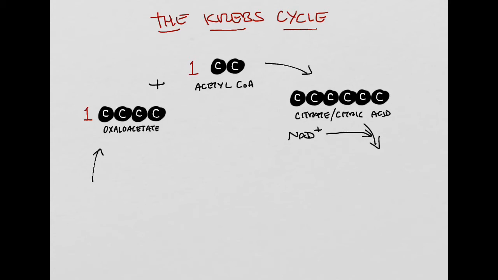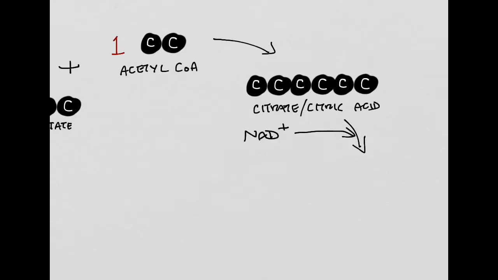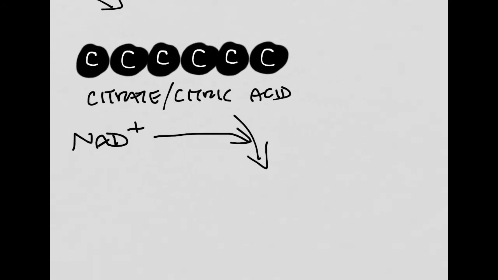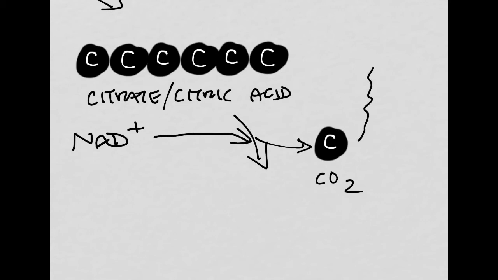And when the NAD+ comes in here, it causes a whole change in the citrate molecule. What comes out of that is that one of these carbons snaps off the citrate. When it releases, it takes away an oxygen with it, and so what's being lost is a carbon dioxide molecule that you breathe out if you're a human being.